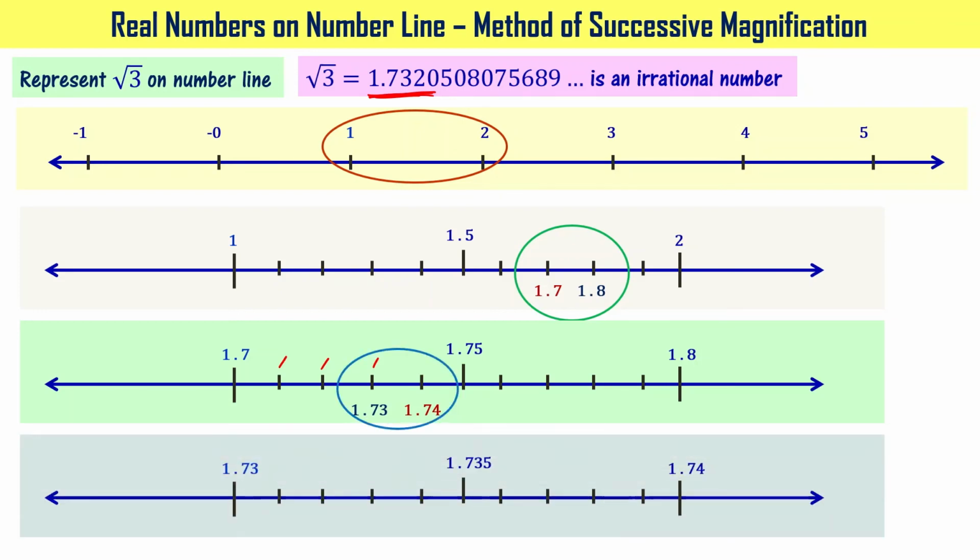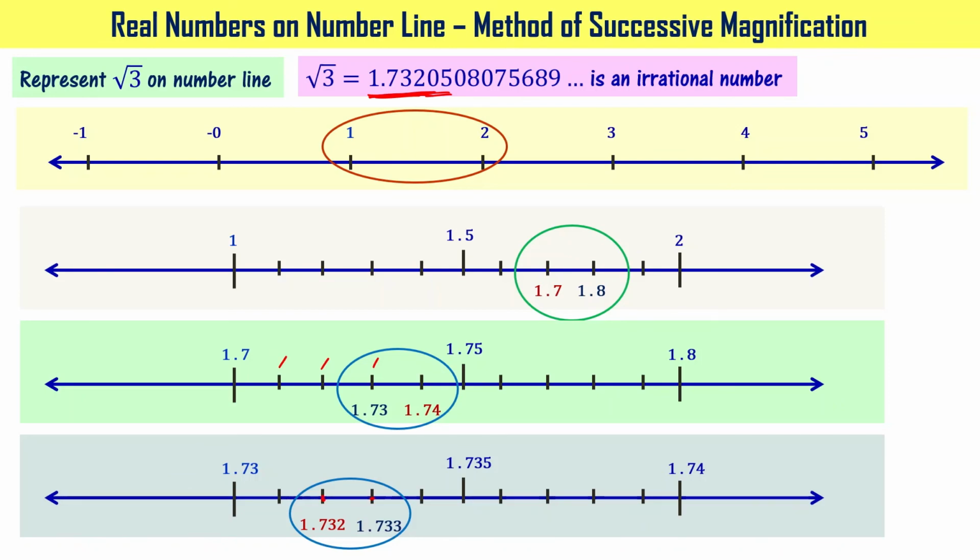When you do that, you get a number line like this, right? 1.73205, if you look at, that is greater than 1.732. This is actually 1.7320 also, you can say, and smaller than 1.733, right? Meaning root 3 lies in between these 2 points.